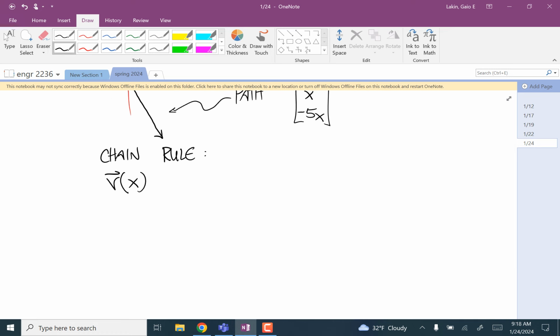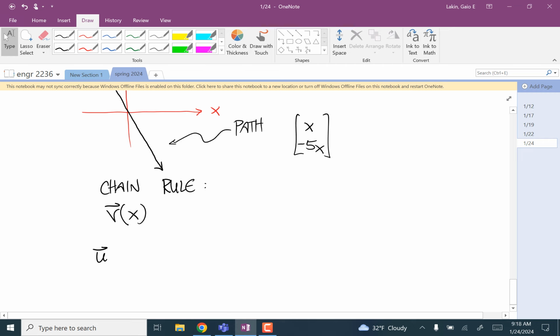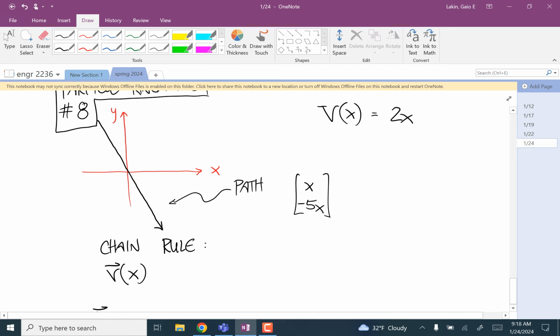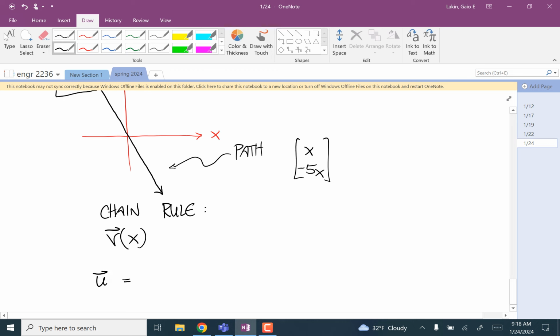Okay, so first, let's find a vector that's in the direction of this motion. We can do that by taking the derivative of that parameterization with respect to the parameter. It doesn't matter what that parameter is. That's how you do this. So we get 1, negative 5.